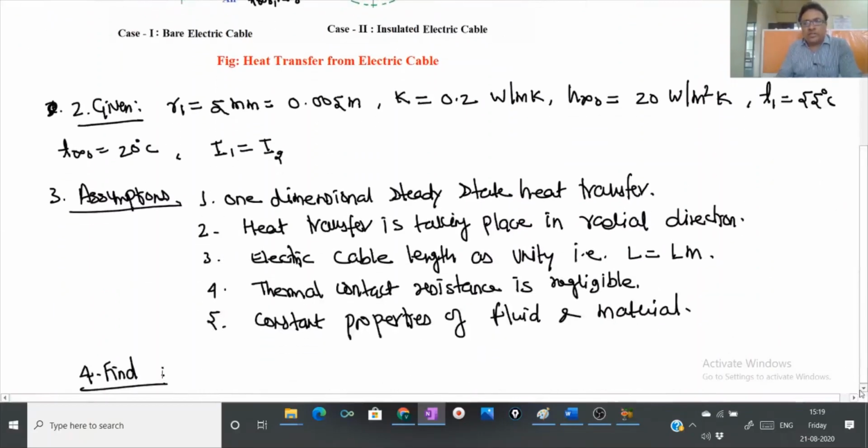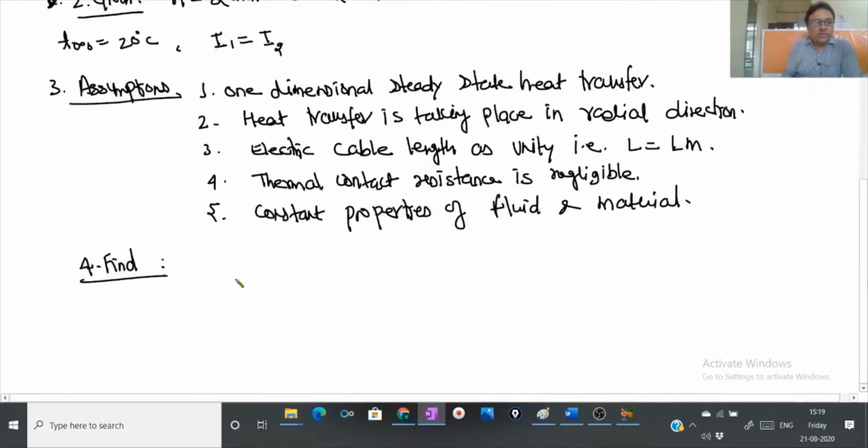So we are supposed to calculate first the thickness of insulation to keep the wire as cool as possible, and second we are supposed to calculate surface temperature of cable after insulation.